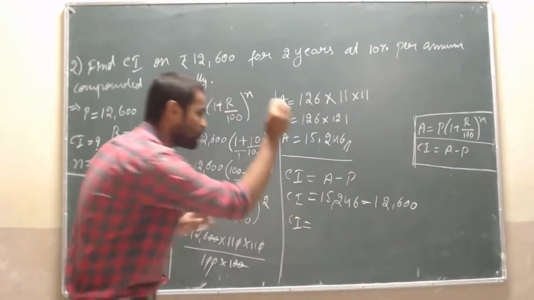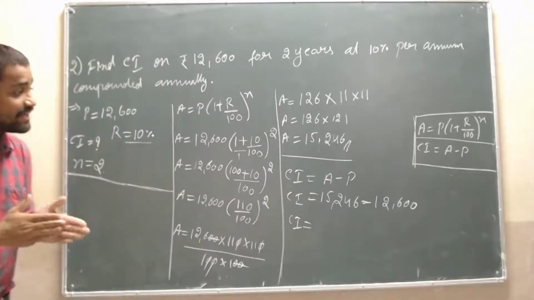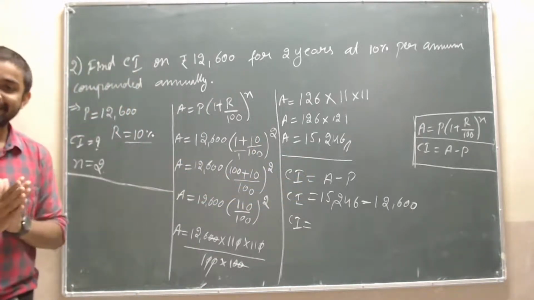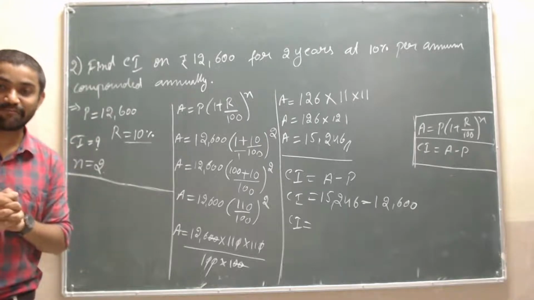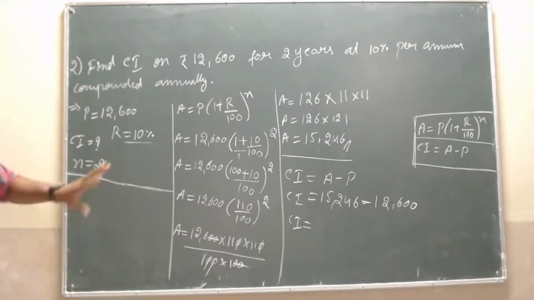CI is equal to, tell me students, 15,246 minus 12,600. Then it gives us the compound interest. Yes, Sharda, Padma and Vaishnavi, 15,246 is the amount.